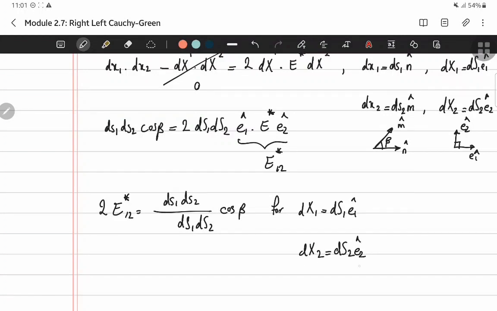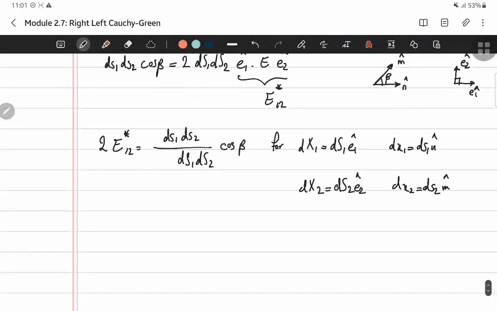These are perpendicular to each other in the reference configuration, but in the current configuration they are not necessarily perpendicular. So this is x2, this is ds2 and m.